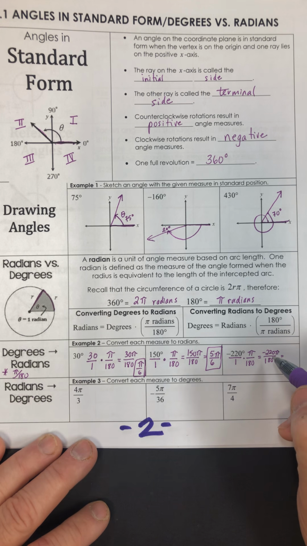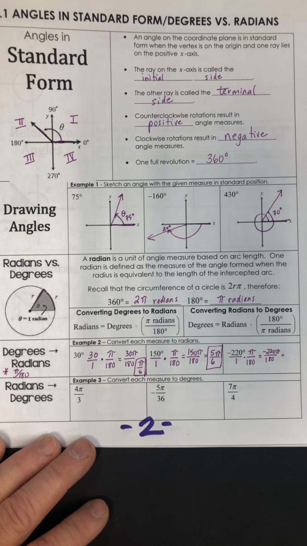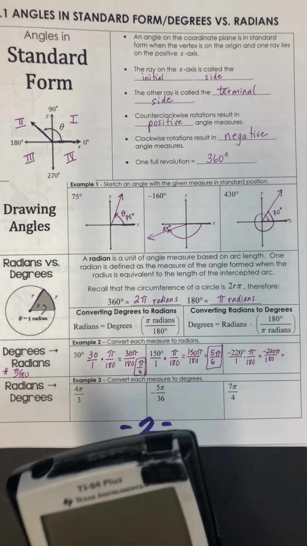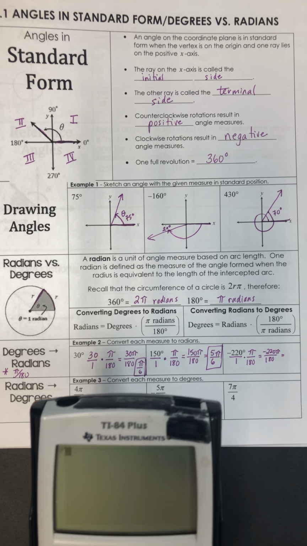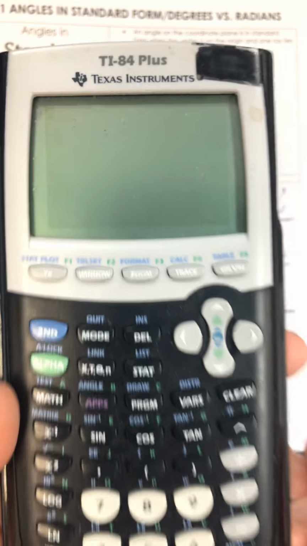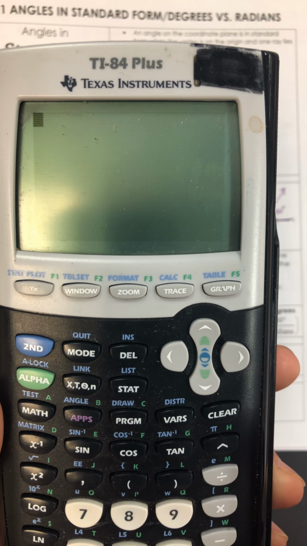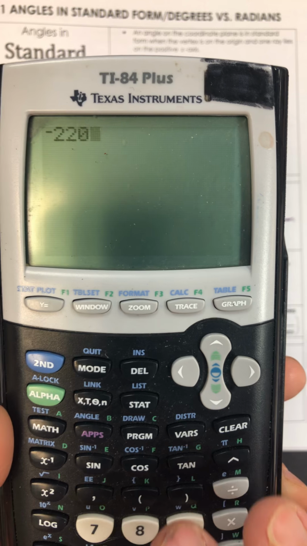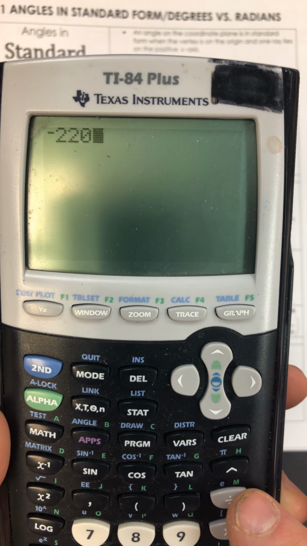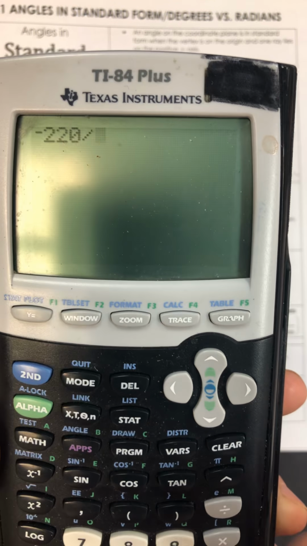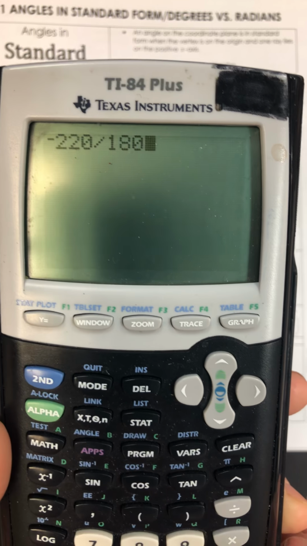So take your calculator out and reduce it. Quick way, if you have this calculator, I know it might be cheating a little bit, I just go negative 220, or whatever number you're doing. I just do the fraction divided by 180, and I hit enter.